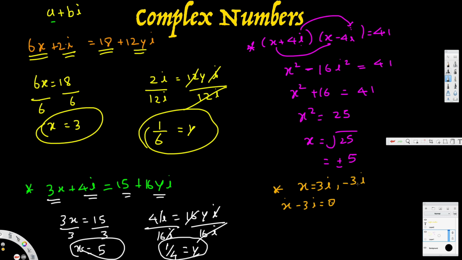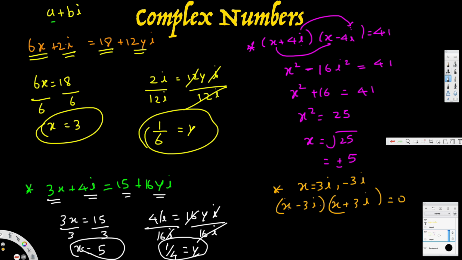For this one, x plus 3i should be equal to 0. So instead of writing like this, we can combine them and write x minus 3i times x plus 3i is equal to 0. Now we know that when we have a conjugate, here you can see we have x minus 3i and x plus 3i, so these are conjugates.